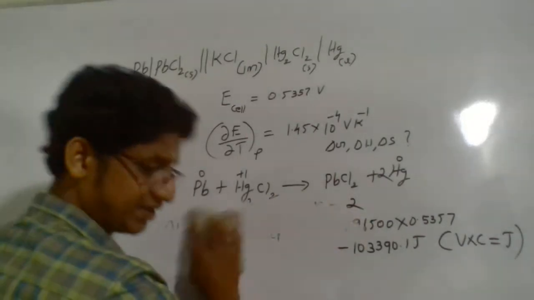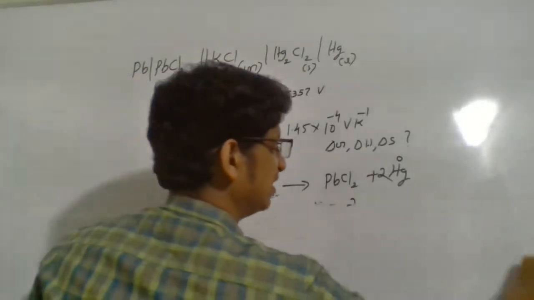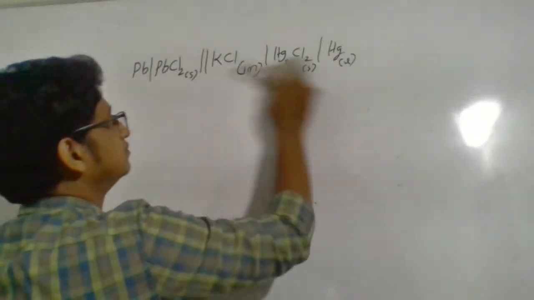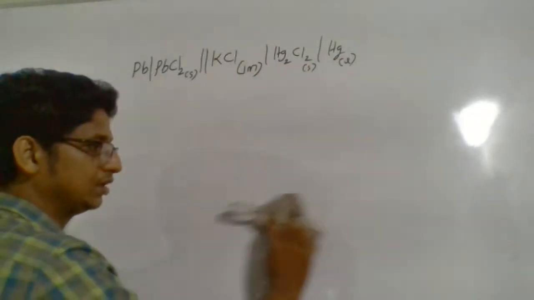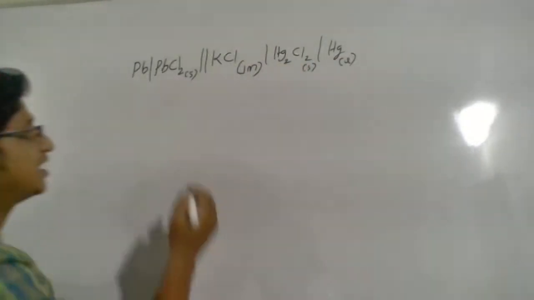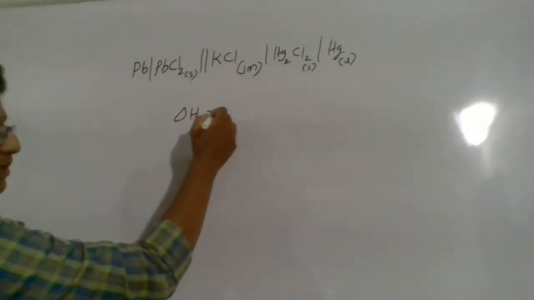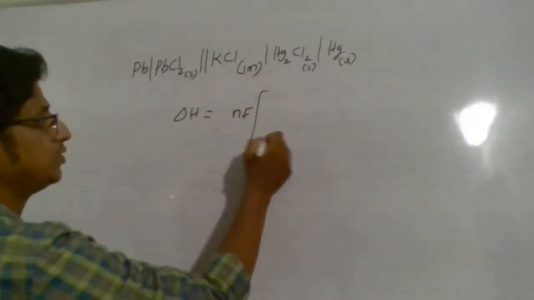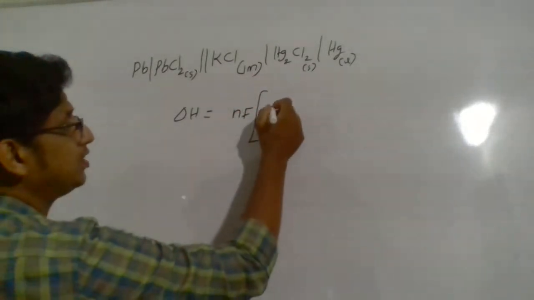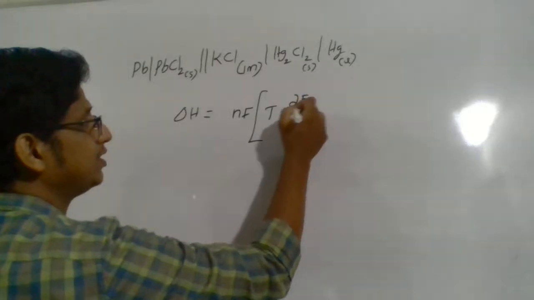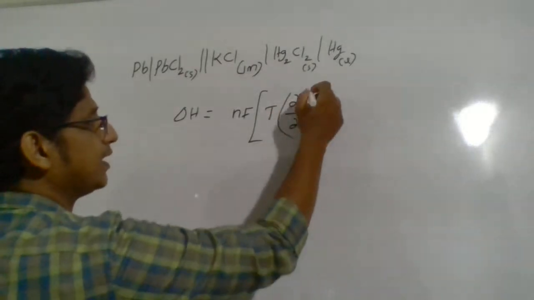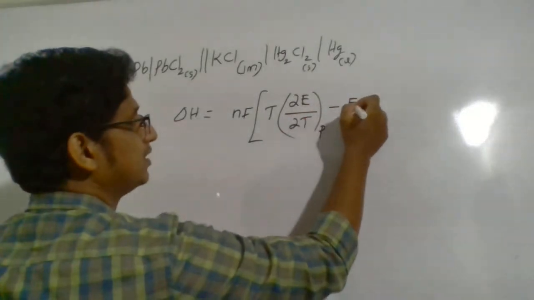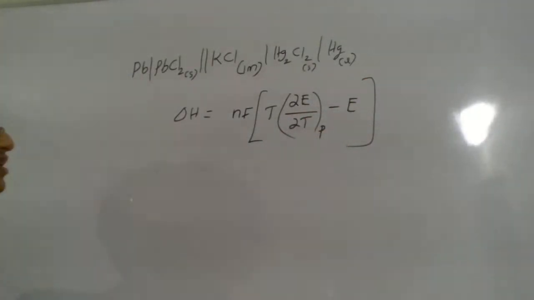Okay, so we found delta G. Now let us find delta H. The equation for delta H was derived in the previous class. Delta H is equal to nF into T into dou E by dou T at constant P, minus E. That is the equation for delta H.